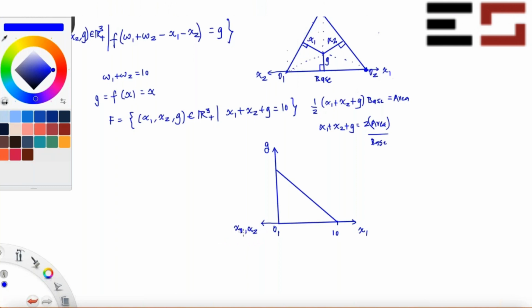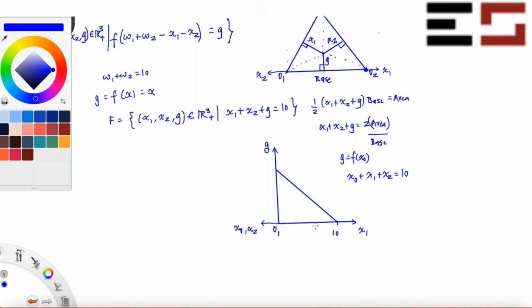What is x0? x0 is the amount of private good used as input in the production of public good, so g = f(x0). And you have the feasibility requirement x0 + x1 + x2 = 10 in our case. That is why this length is equal to 10.